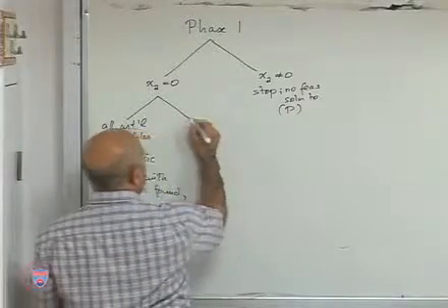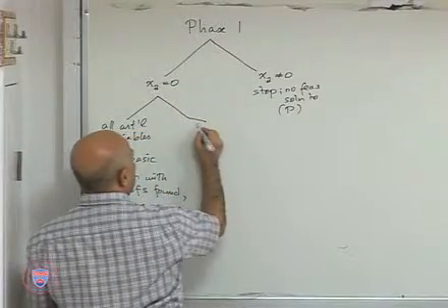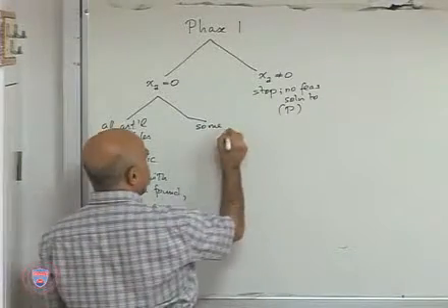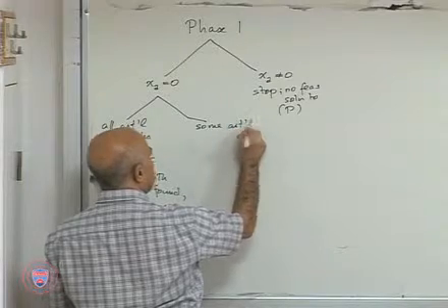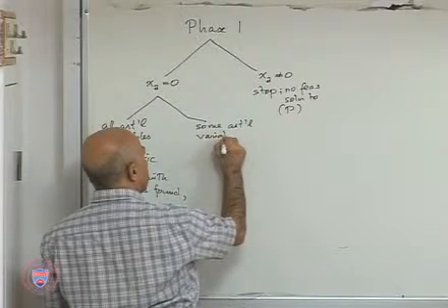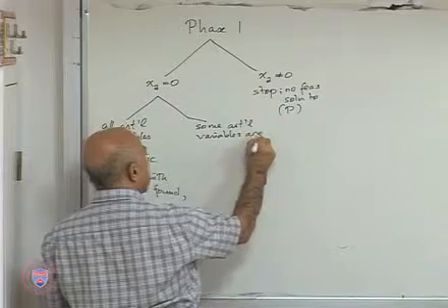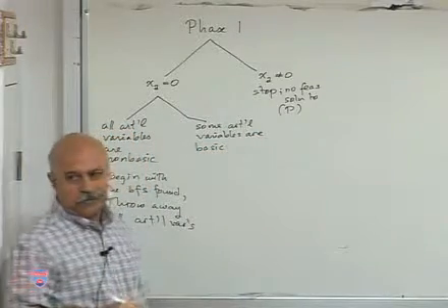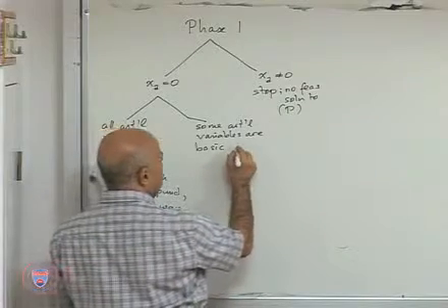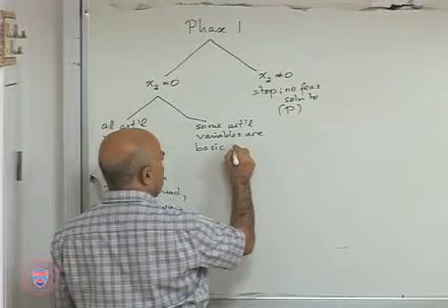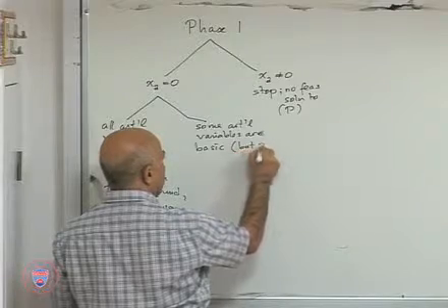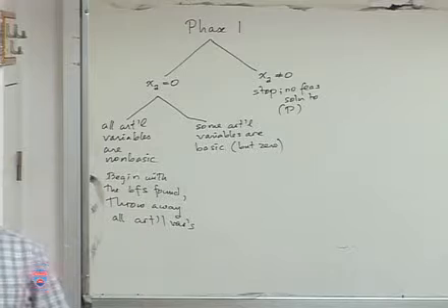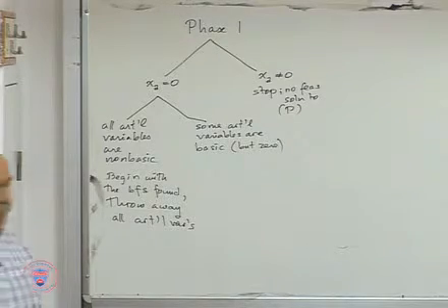In the second case, where some, meaning at least one, artificial variables are basic, but 0, okay? So we're talking about a degenerate basic feasible solution containing some of the artificial variables.